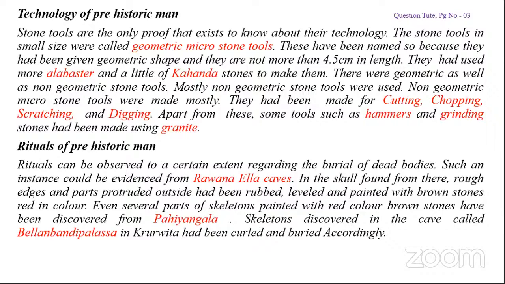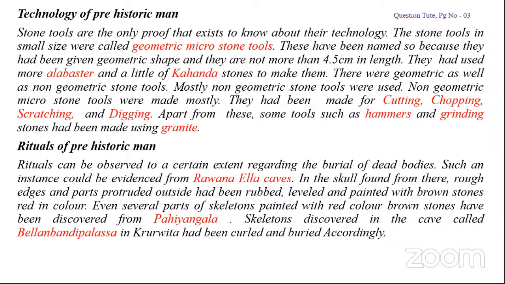Earlier I gave Bellanbandi Palassa, Pahiyangala and Kuruwita Beli-lena. In the skull found from there, rough edges and protruding parts had been rubbed, leveled, and painted with red-colored brown stones. Even several parts of skeletons painted with red-brown stones have been discovered from Pahiyangala.